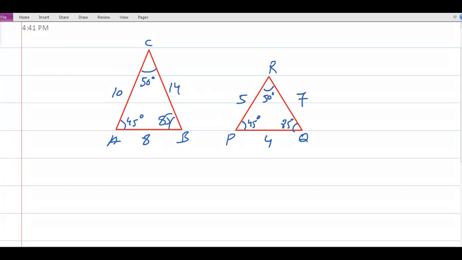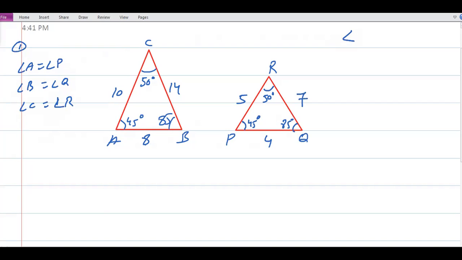Now we have to check whether ABC is similar to PQR or not. You have to check two things. First of all, angle A is equal to angle P, angle B is equal to angle Q, and angle C is equal to angle R. First condition fulfilled: the corresponding angles are equal.